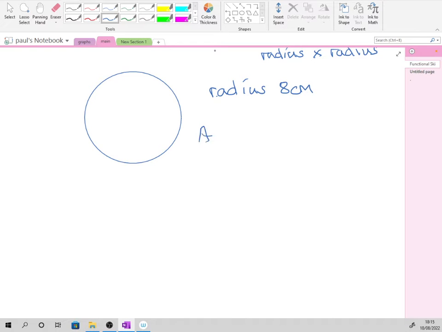So the area will be equal to pi r squared, which equals pi times 8 squared. 8 squared is 8 times 8, which is 64.